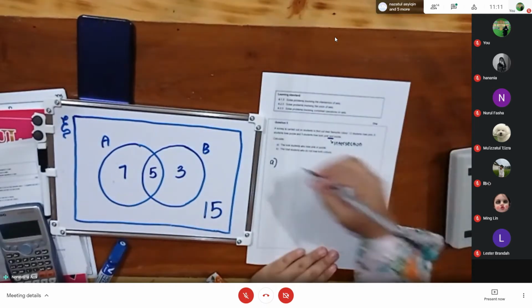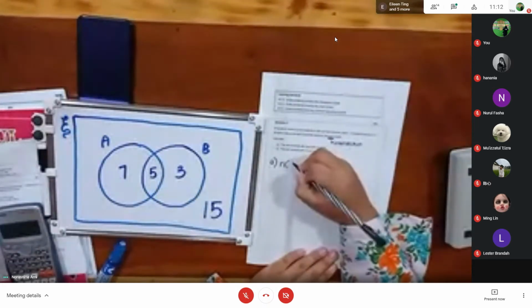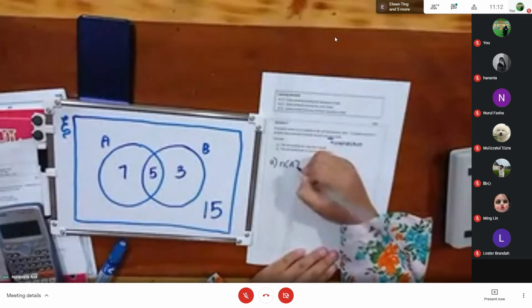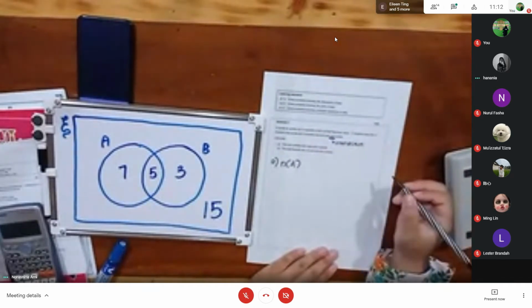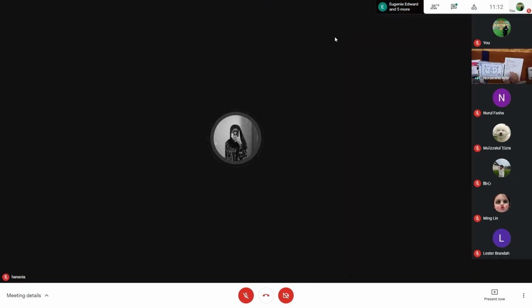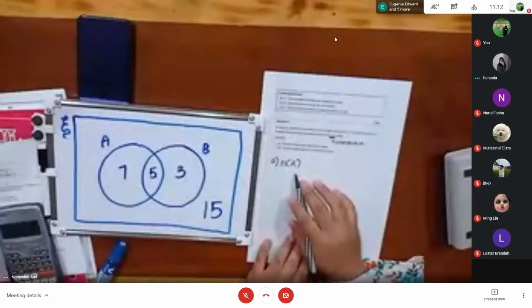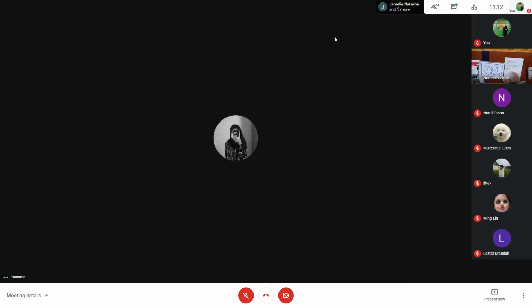Now, do you know this symbol? If I write like this, what is this? The number inside A, like that one.